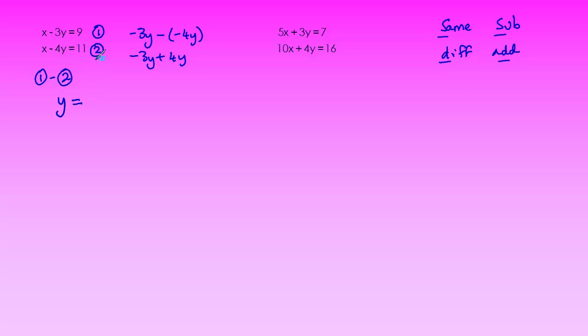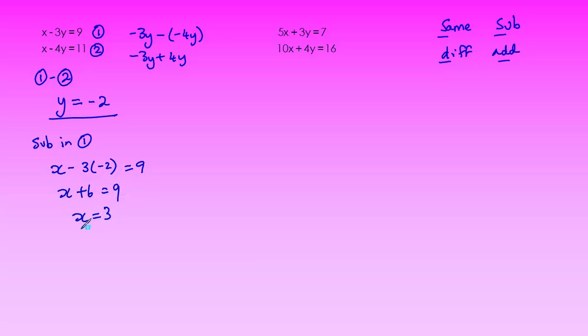So y equals, and then 9 take away 11 is negative 2. So we get to y equals negative 2 straight away. So I'm going to substitute that into equation 1, and then I get x take away 3 lots of negative 2 is equal to 9. So that's x plus 6 equals 9, and therefore x is equal to 3.